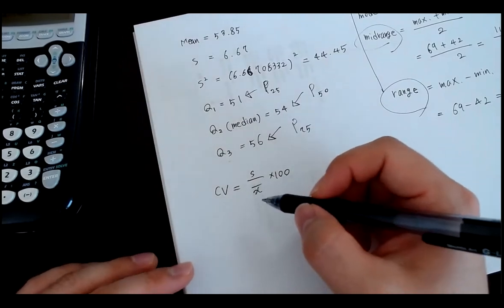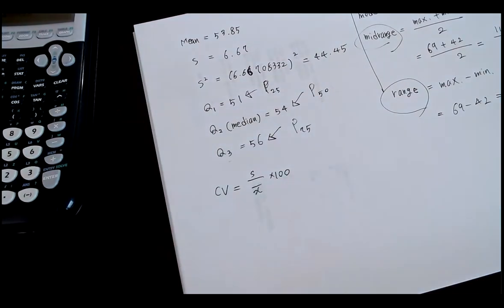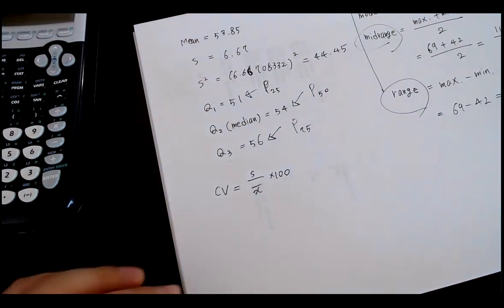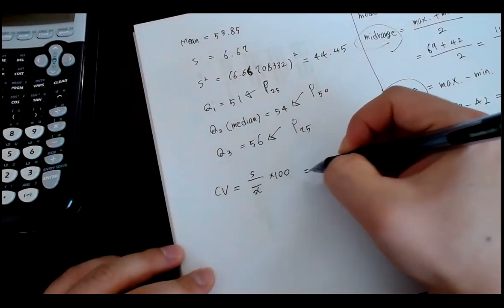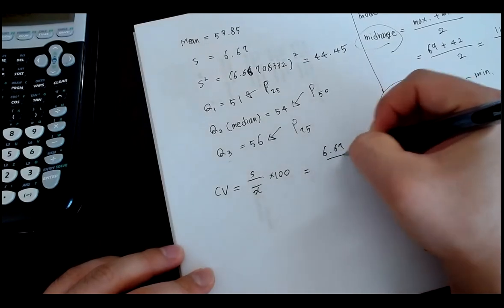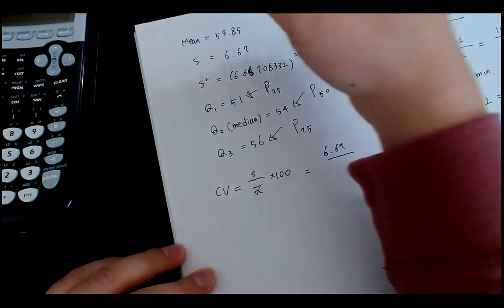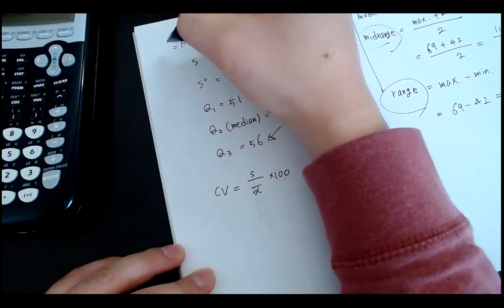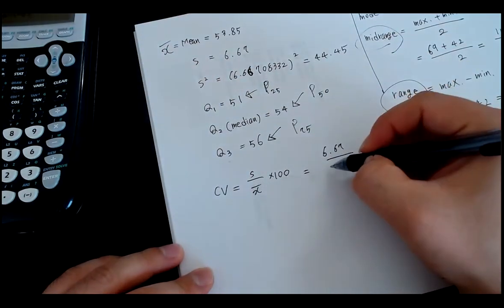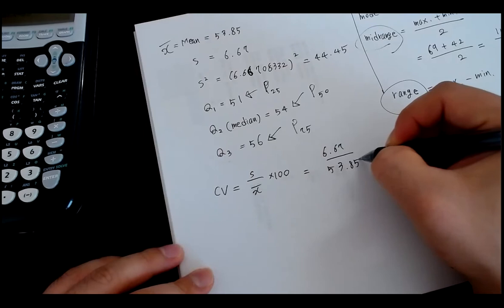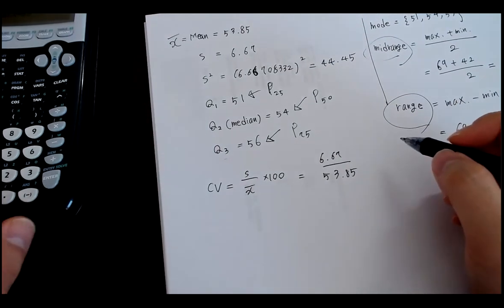For the population it's almost the same: the population standard deviation divided by the population mean. So now that is equal to S, which is 6.67, divided by X bar, which in this case is the sample mean, 53.85.